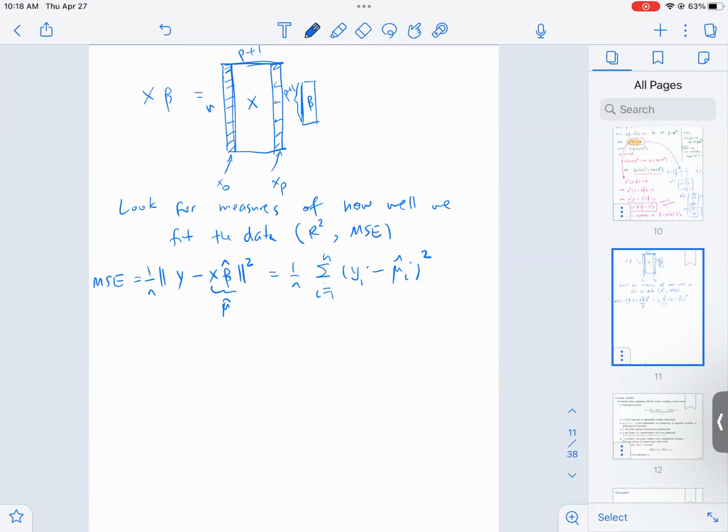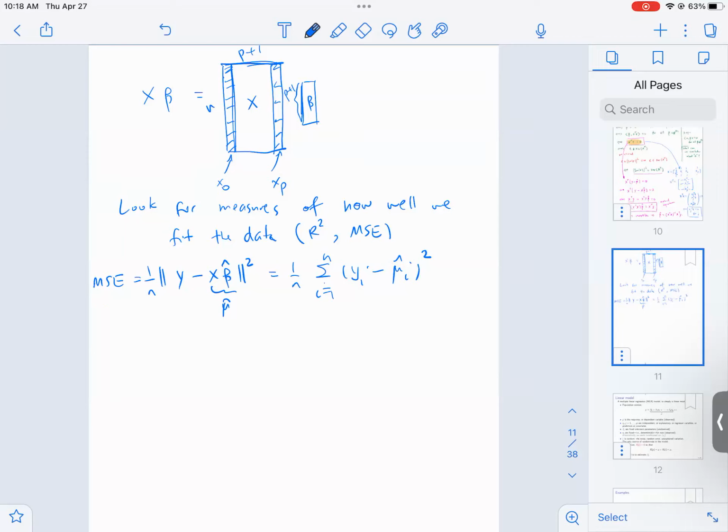One issue with this is that it's not normalized, so in different problems it's hard to see if it's large or small. For some problems 0.01 is large, for others it's very small, depending on the scale of things. So R squared is a way of normalizing it, so that it's between 0 and 1 and we can compare different models.